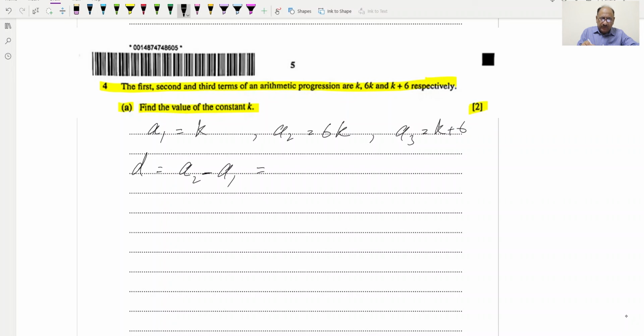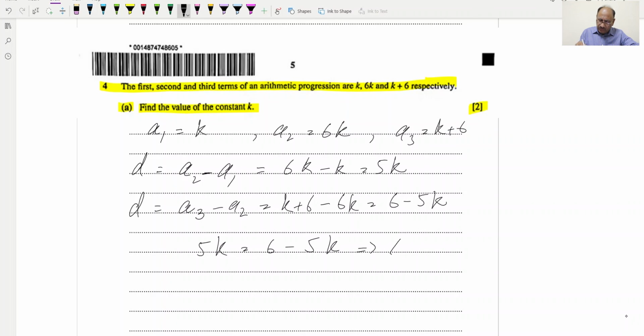So the second term 6k minus the first term k is equal to 5k, and d is also equal to a3 minus a2, which is k plus 6 minus 6k, equal to 6 minus 5k. Now we can equalize these two because both are equal to d, so we can write 5k is equal to 6 minus 5k.